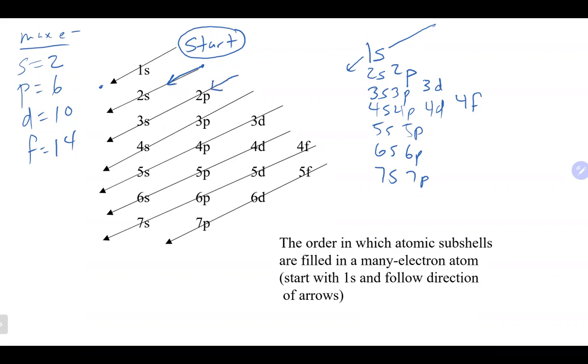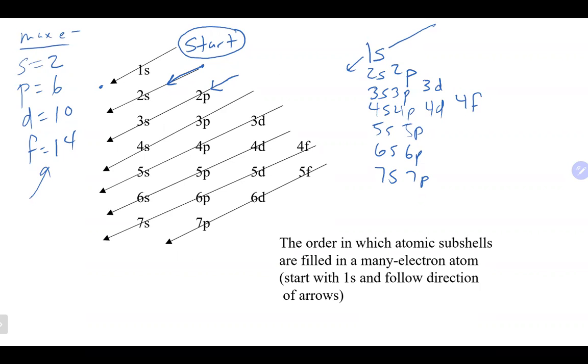You keep doing that until you have filled in all the electrons that you need. So if you know this order or know how to recreate it, you should be able to write any electron configuration that you would need to. Any questions on that there?